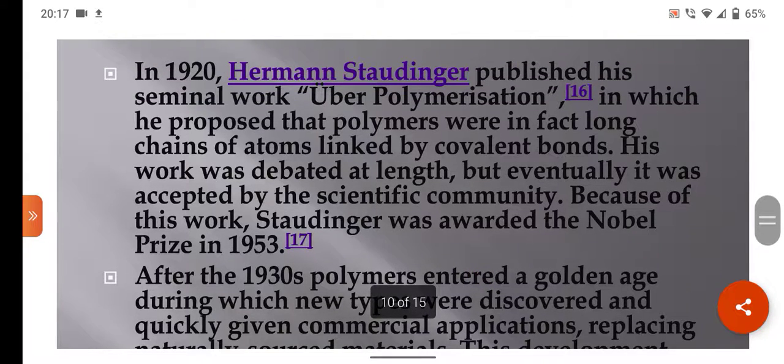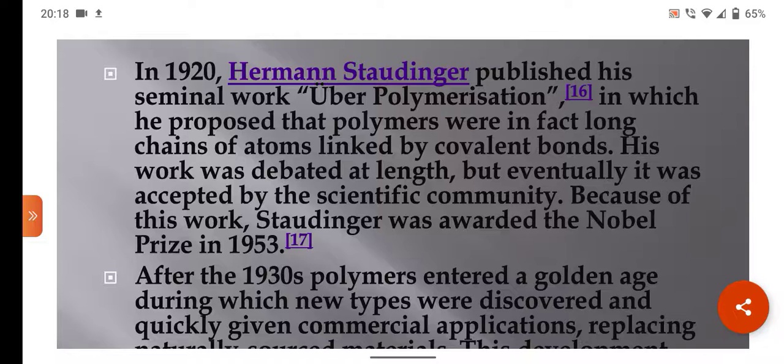In 1920, Hermann Staudinger publishes his seminal work Uber Polymerization, in which he proposed that polymers were in fact long chains of atoms linked by covalent bonds. His work was debated at length, but eventually it was accepted by the scientific community.